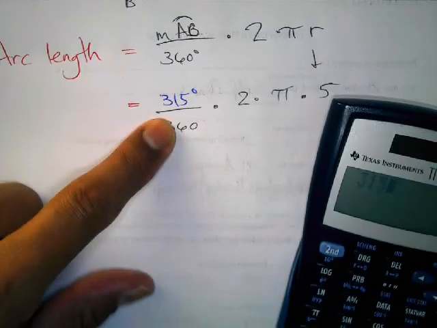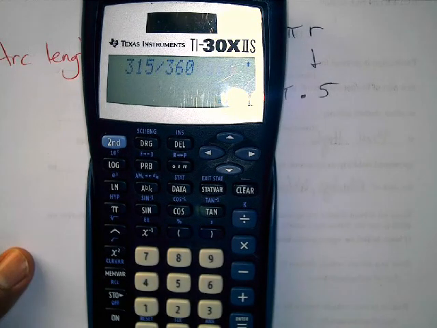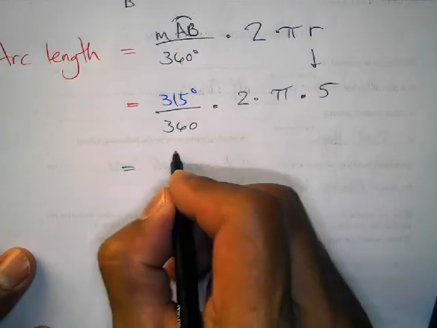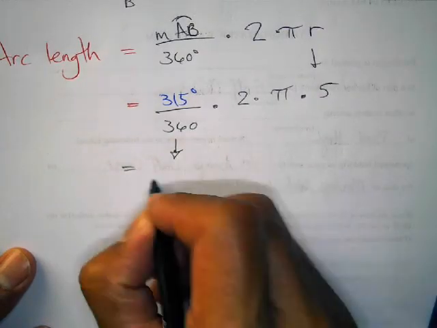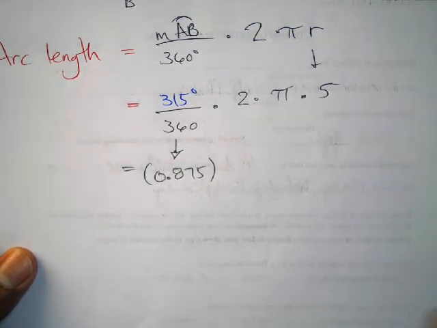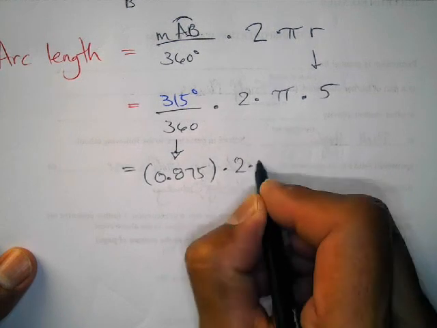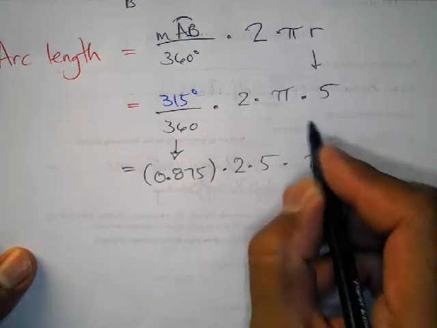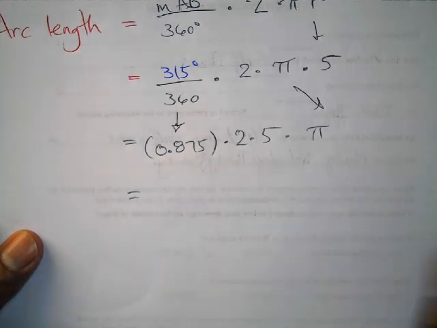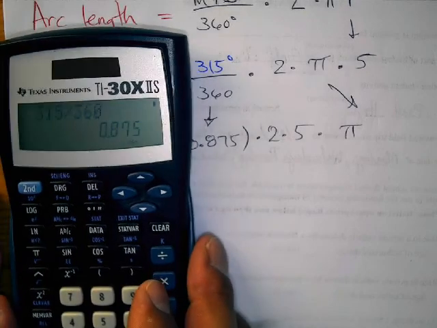All right, so the rest is calculator work. I'm going to do this number first. 315 divided by 360. Do that first, don't do it all together. I get 0.875 times 2 times 5 times pi.